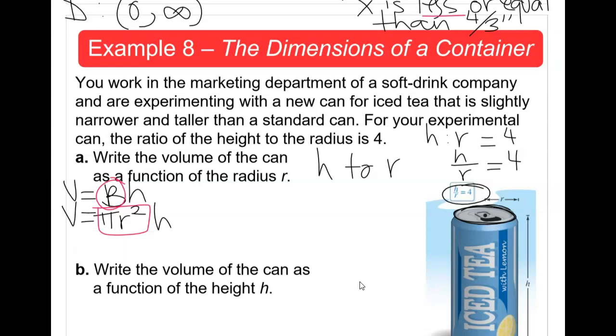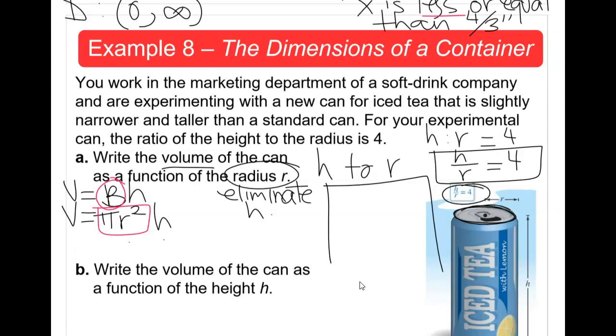However, we don't want to have r and h. We want our function to be the function of volume as a function of r. So we need to eliminate h. The way we're going to do that is by using the equation that we have here. And if you notice, we have h over r equals 4, and that comes from here.